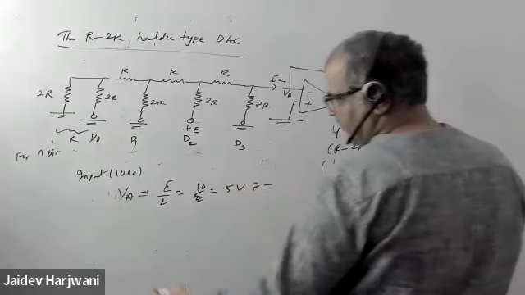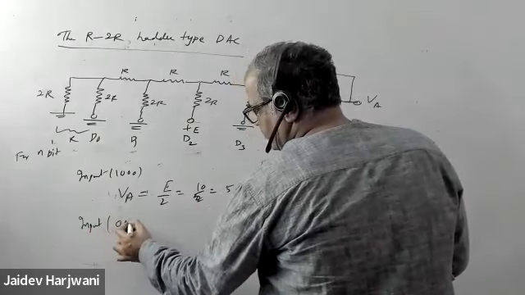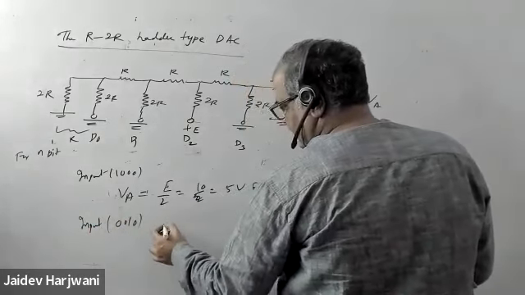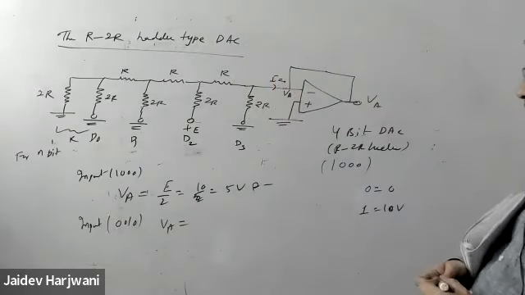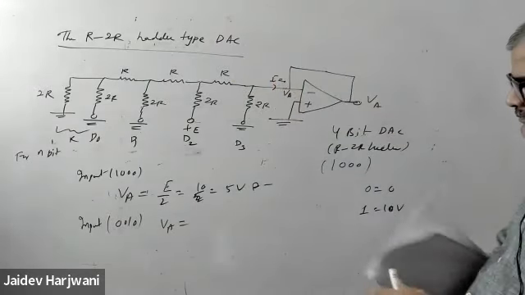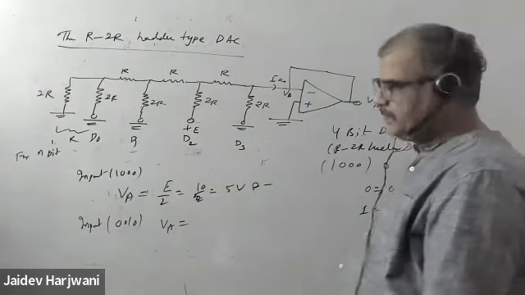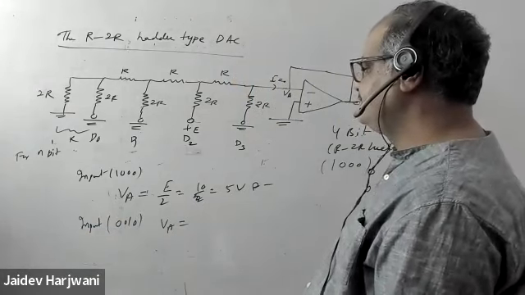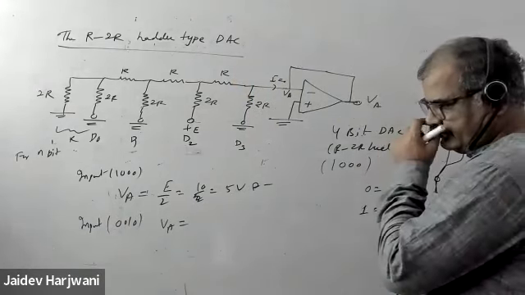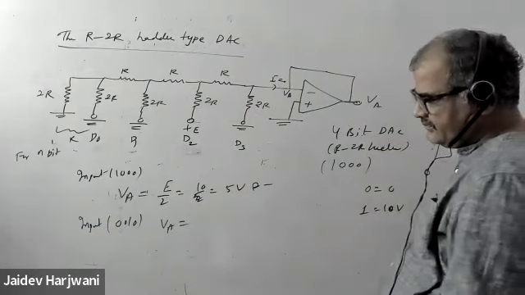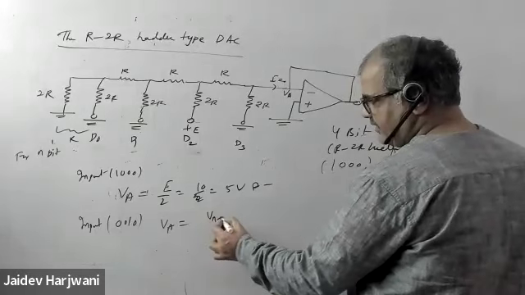Similarly, if I give you input, say 0010, how much will it be? Put the values in the formula. You have Vn minus 1.